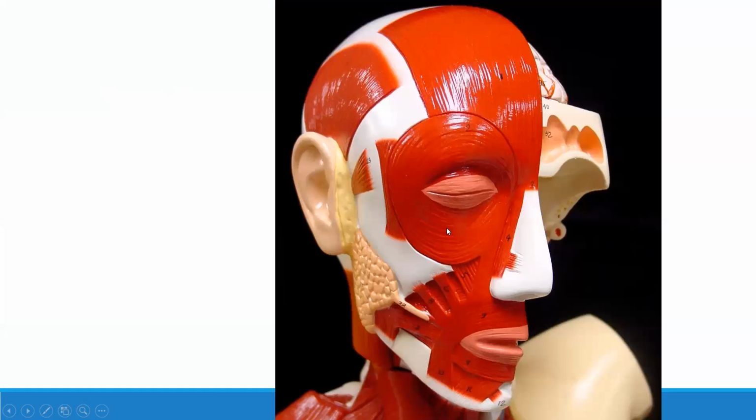Okay. So here's a close-up of the face. We have the frontalis muscle. The frontalis muscle is interesting. It actually has two parts to it. We know that the frontal bone fused from two bones into one. The frontalis formed from two separate muscles.